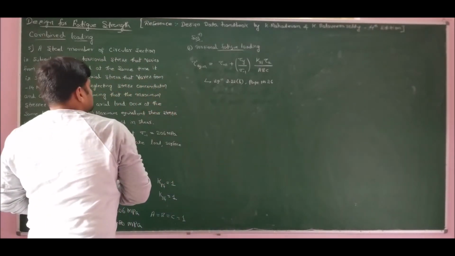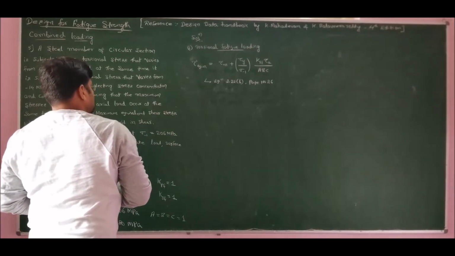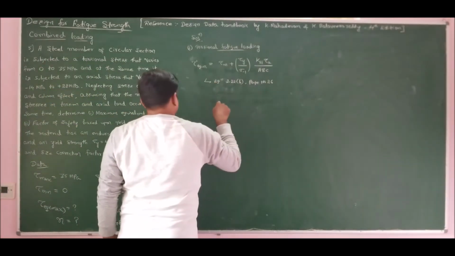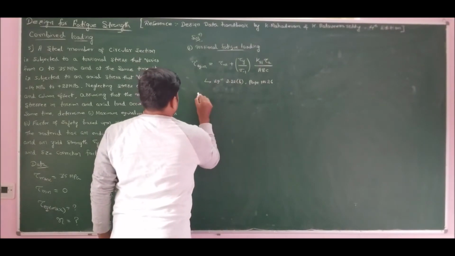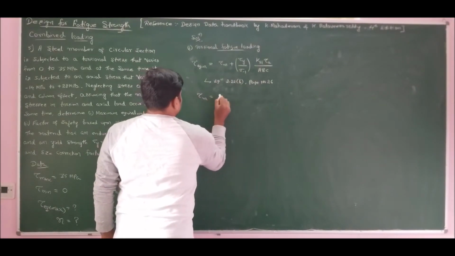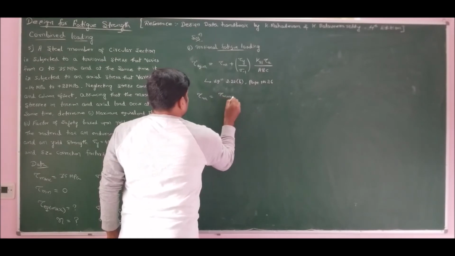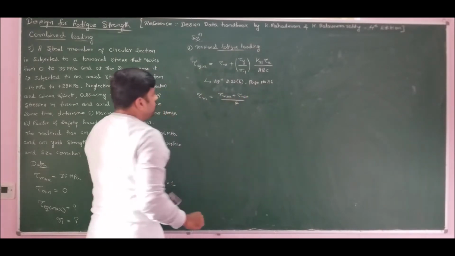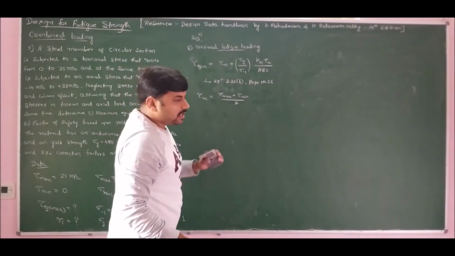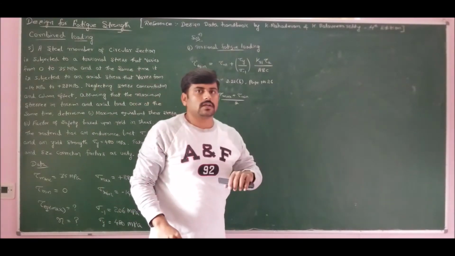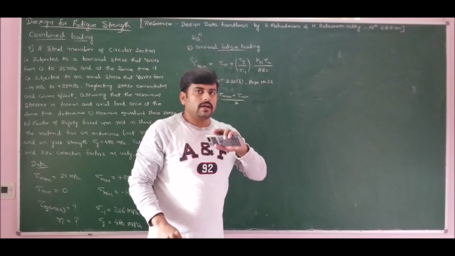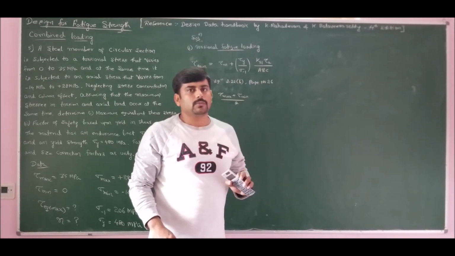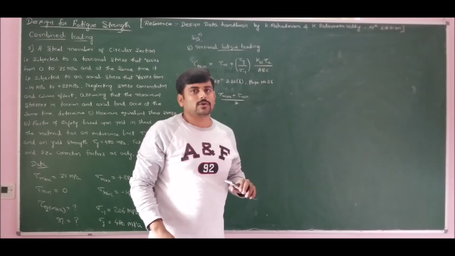He has given the stress values directly, so we know tau max and tau minimum, and we can directly determine tau mean. Tau mean is tau max plus tau minimum by 2. If tau max and tau minimum were not given, and the torque was specified, then we would have used the formula tau equals 16T by pi d cube to calculate tau max and tau minimum.